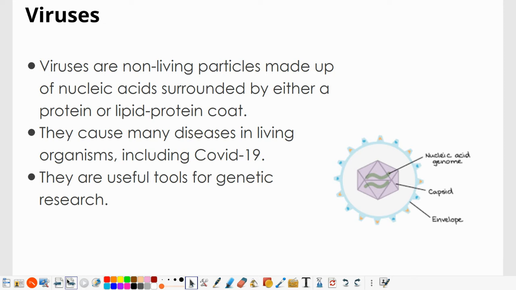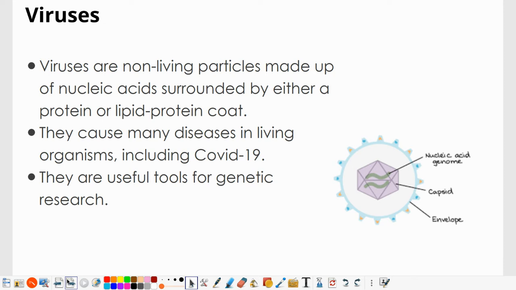They are made up of nucleic acids, that genetic information, some in the form of DNA, some in the form of RNA. It just depends on the specific virus that you're looking at. But they do have nucleic acids. They do have genetic material. They satisfy that one criterion for living things. And that genetic material is surrounded by either proteins or a lipid protein coat.